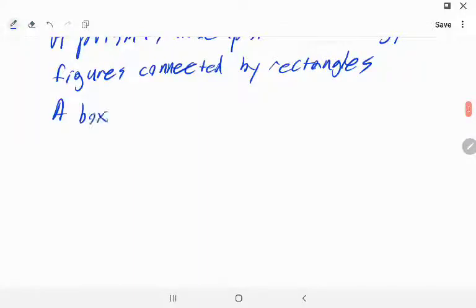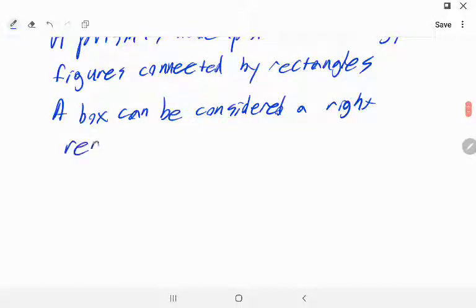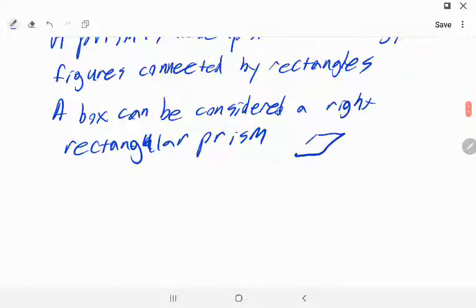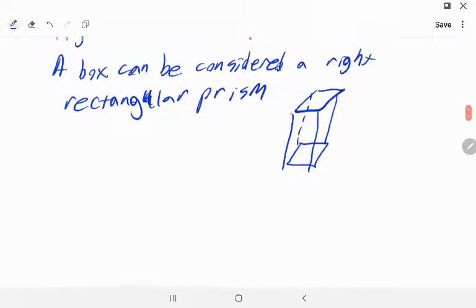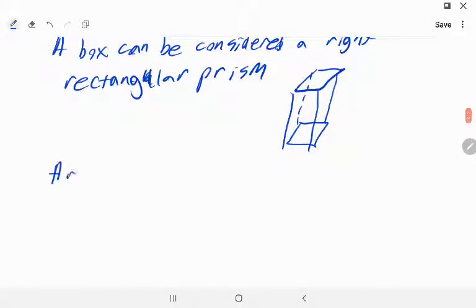A box can be considered a right rectangular prism. We basically have two matching rectangles connected by more rectangles. We can also have a right triangular prism.